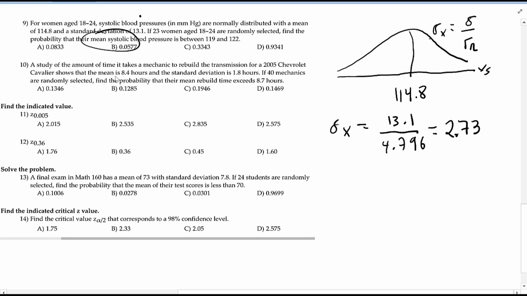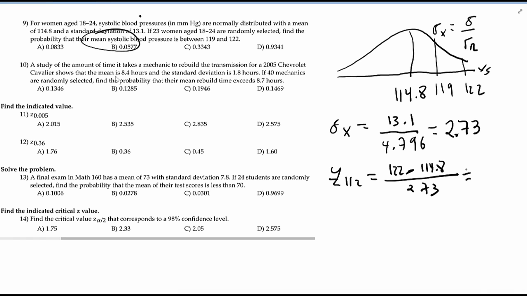I want to find out how many of the sample means fall between 119 and 122. So we need to find the z-score of the two. For 122, we have 122 minus 114.8 divided by 2.73, which gives me 2.637, which is 2.64.